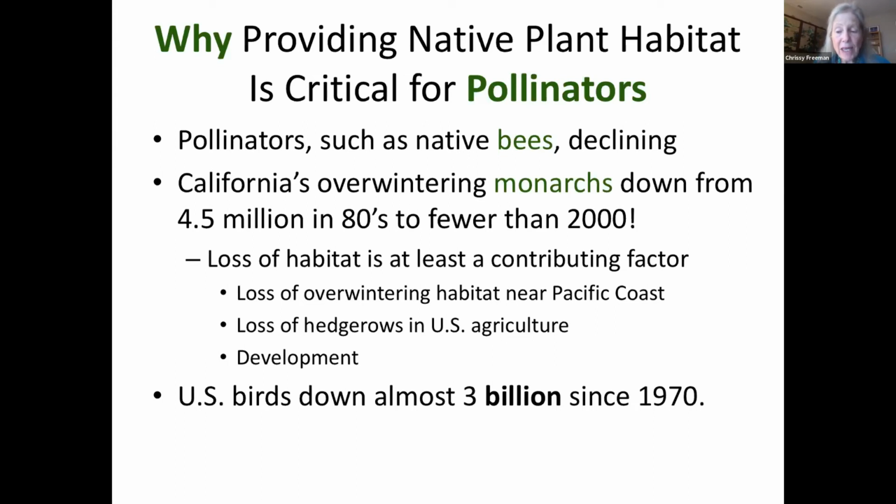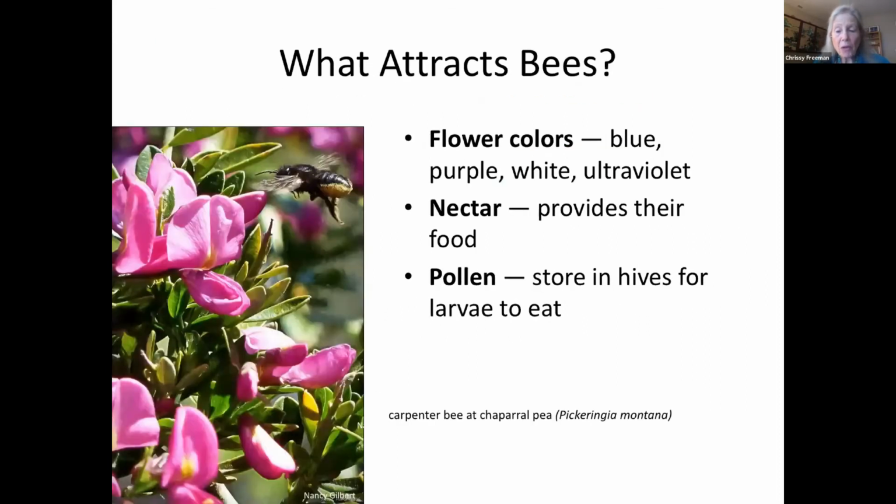Habitat loss is the greatest overall driver of bird decline. So we need to help provide more native plant habitat for the pollinators to make up for the habitat loss they're suffering. So to help you support pollinators effectively, let's talk about what the pollinators need and what brings them to where we are for us to enjoy.